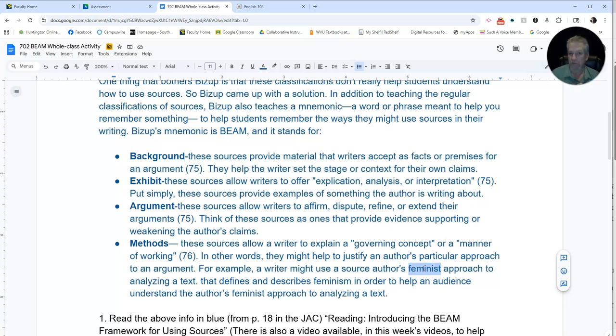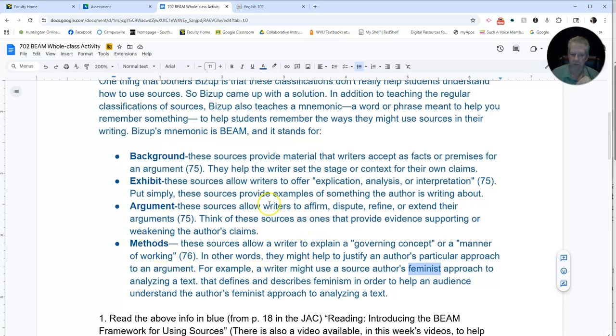You might define, for those who have never gone to college, what it means to be an undergraduate versus a graduate. That would help your audience understand the perspective you're coming from. And if you have a source that simply defines what it means to be an undergrad, that source would be your M source, your methods source.